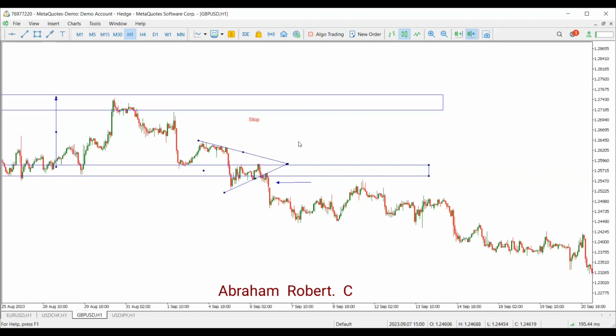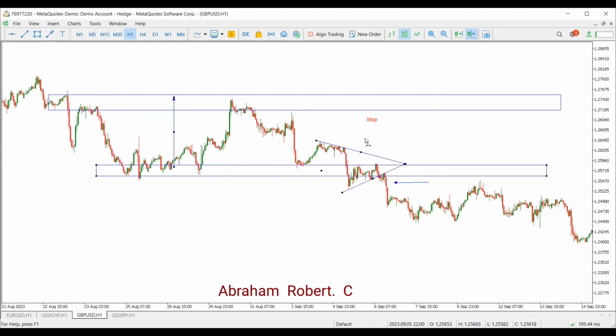So sometimes we'll enter a trade and we'll be in profit, and before you know, the market will retrace and stop you out, and you lose your profit. So that is why I always advise, if you are an intraday trader, target 1:2. If you can get 1:1.5, it's also fair.